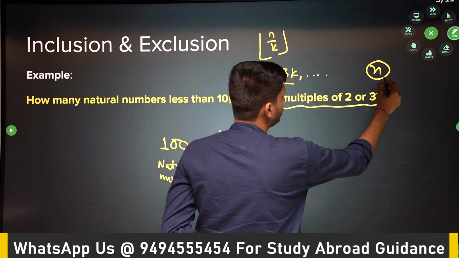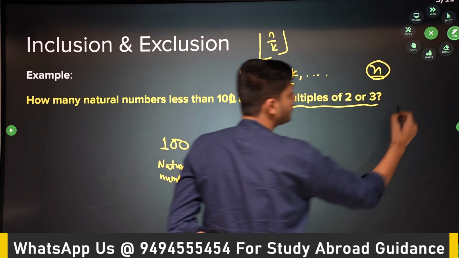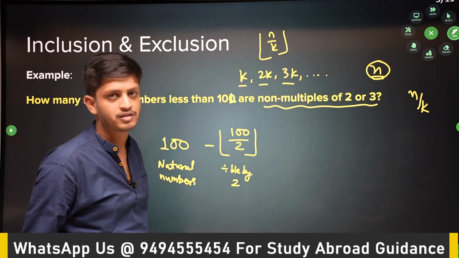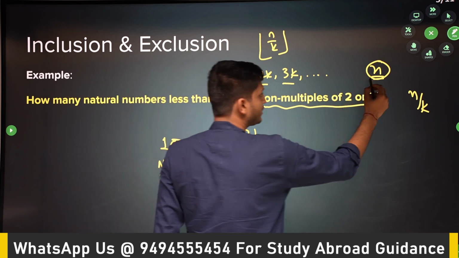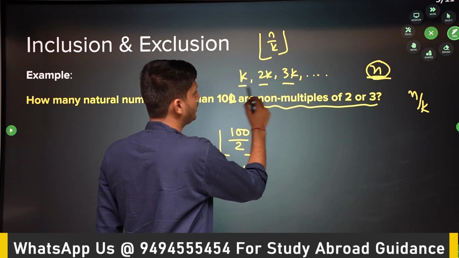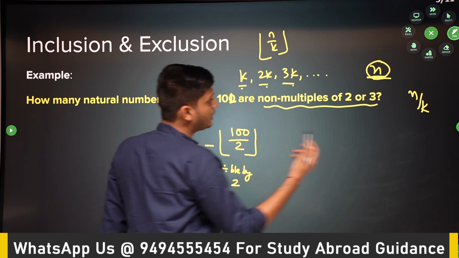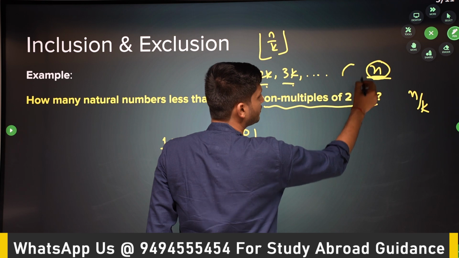If n is exactly divisible by k, it will become exactly n by k, right? This n exactly will be my last number, and the total number of numbers will be 1, 2, 3 up to n by k, right? But it might be possible that n is not exactly divisible by k, and there is a slightly smaller number somewhere here.